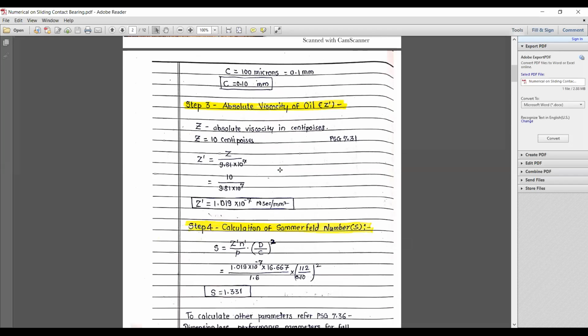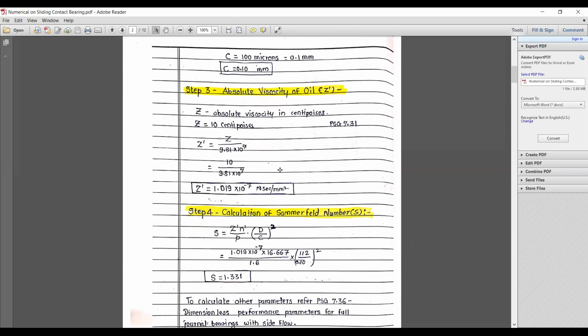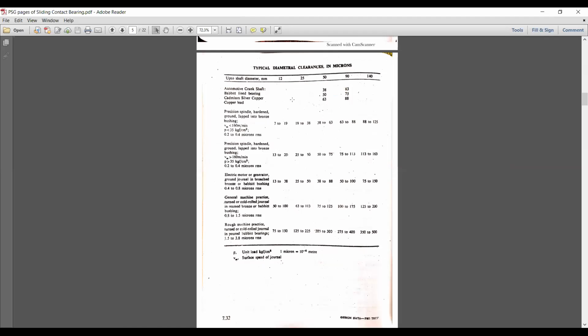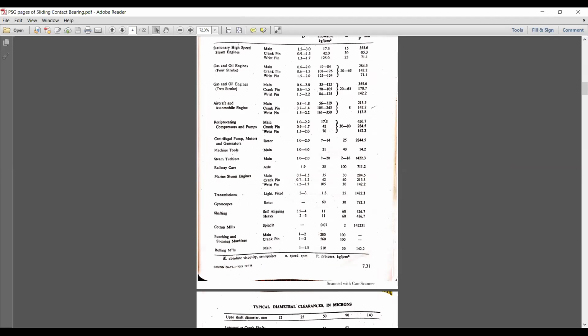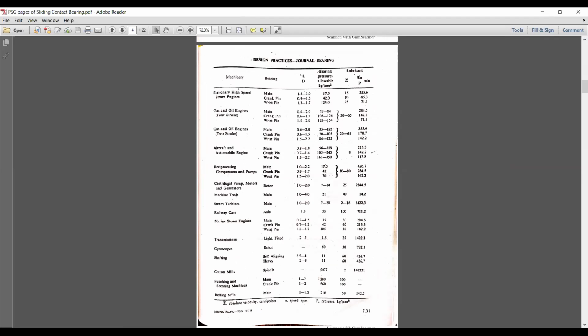Next step, calculate the absolute viscosity of oil. Here again we need to select from PSG, referring to page number 7.31. Similarly, as we previously selected for the steam turbine application, the value or range is given over there.